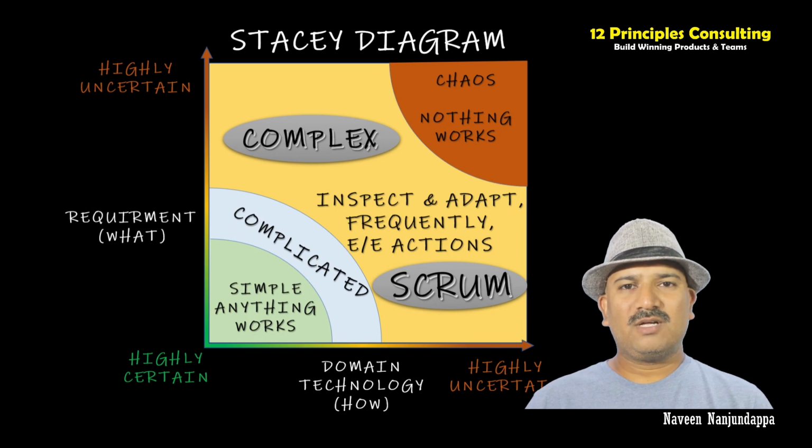One, anybody who says that we are using Scrum should understand that the product backlog, the requirements, could be uncertain and there are changes that will come into the requirements. And those changes should be welcome, and Scrum tells you how to handle those changes effectively as part of the inspect and adapt loops. The technology or the domain is also moderately uncertain.